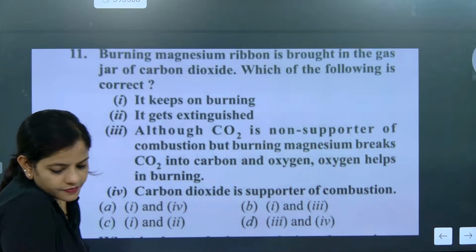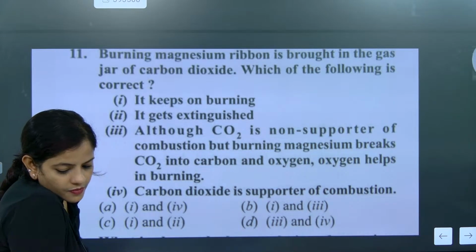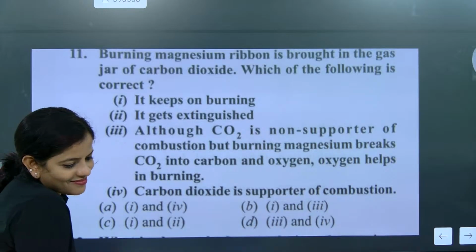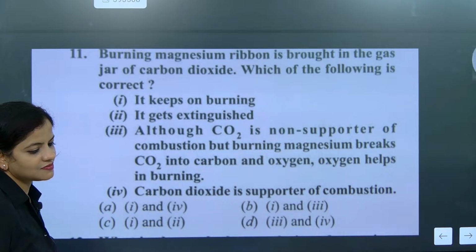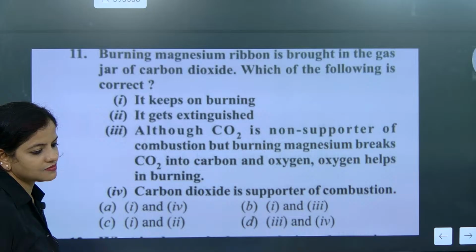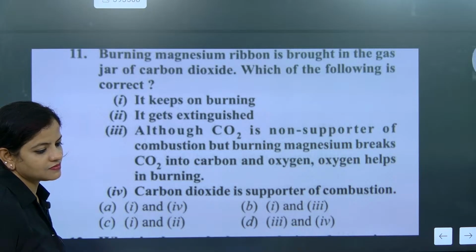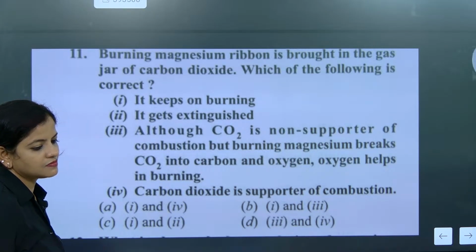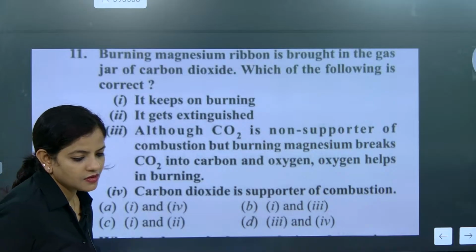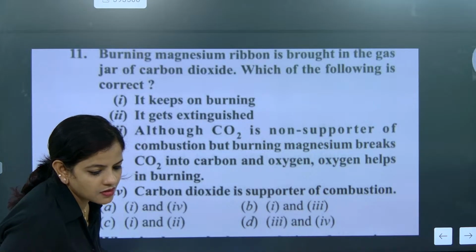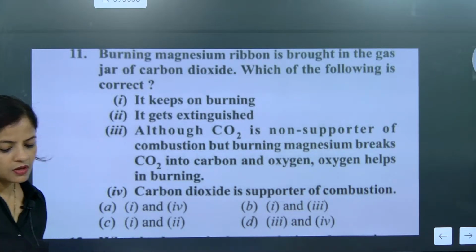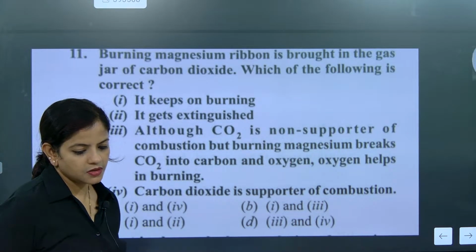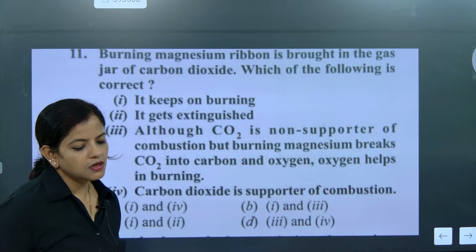Go for it. Okay, question number 11. What is the option? B is the correct answer.